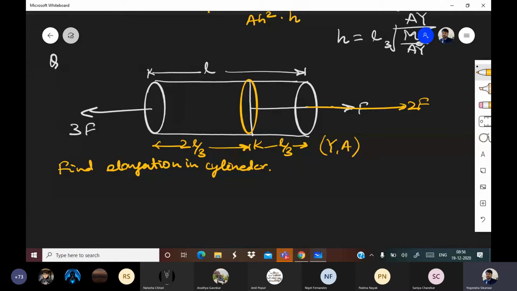F and 2F, as the names suggest, one force is F and one force is 2F. So the values of the forces are different and the points of application are also different. Now, if you have any question, please ask. No question? Good. All right.